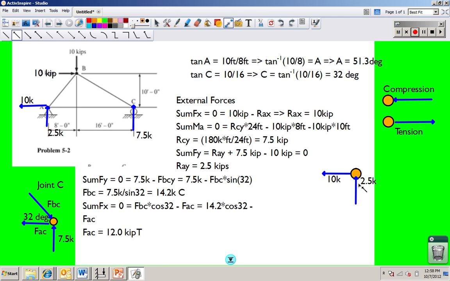This one's going up. This one's going that way, to the left. Alright, so when we look at joint A, what is joint A going to look like?